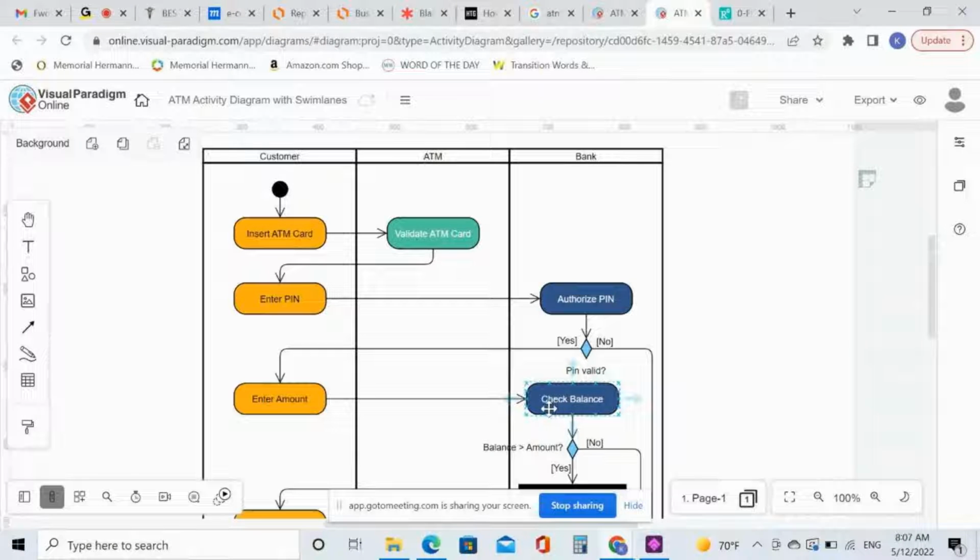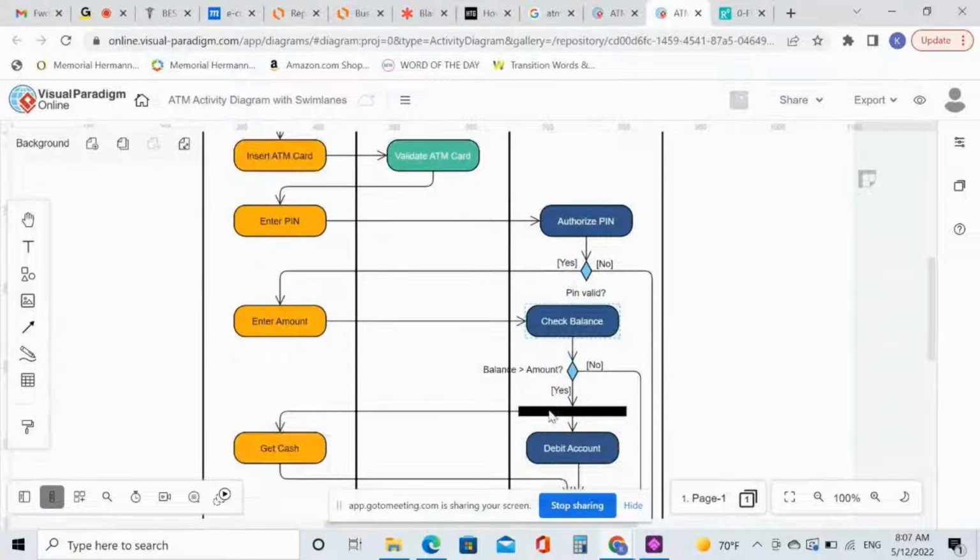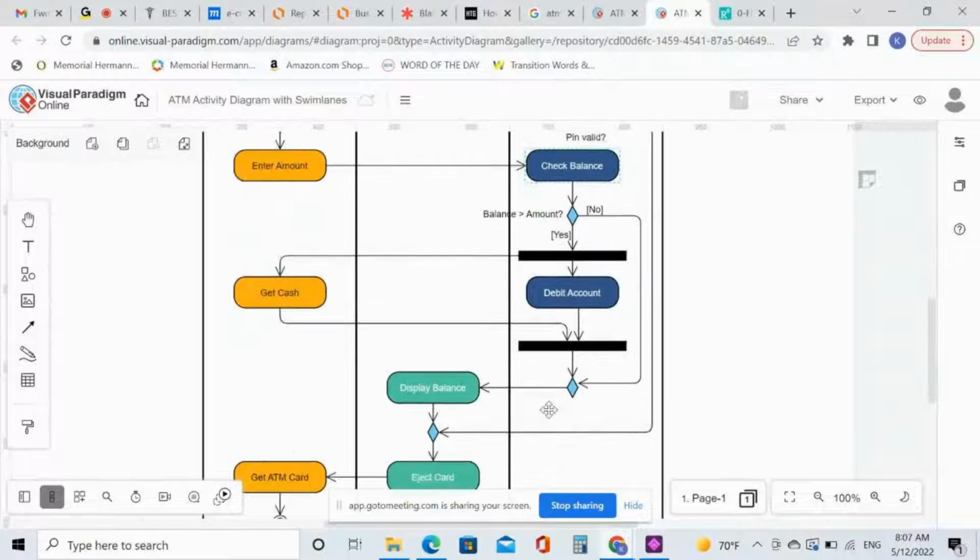If the balance is greater than the amount you process, then it goes to yes, and it will debit the amount. At the same time the customer will get the cash, so it went to the customer, and then it will display the remaining balance.